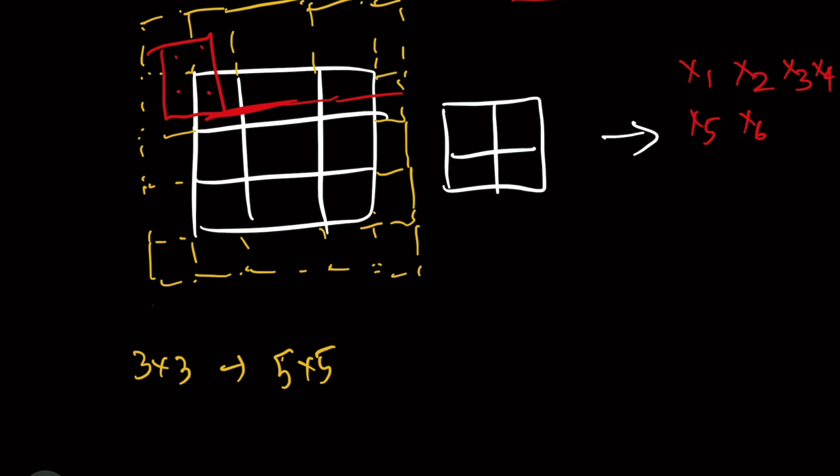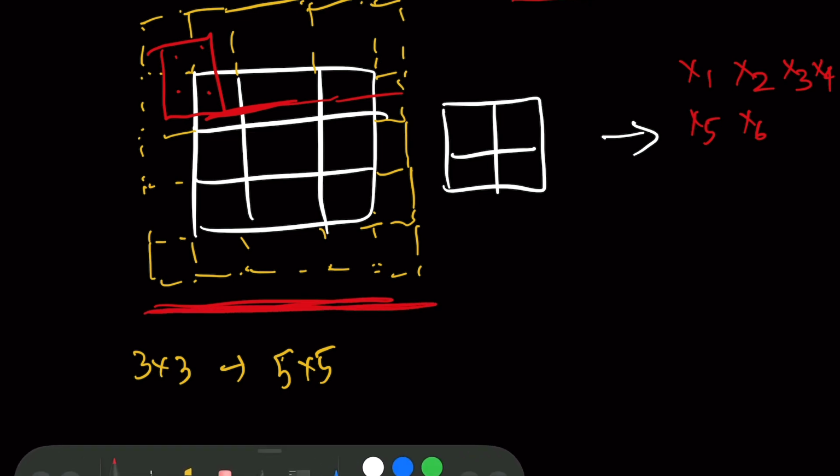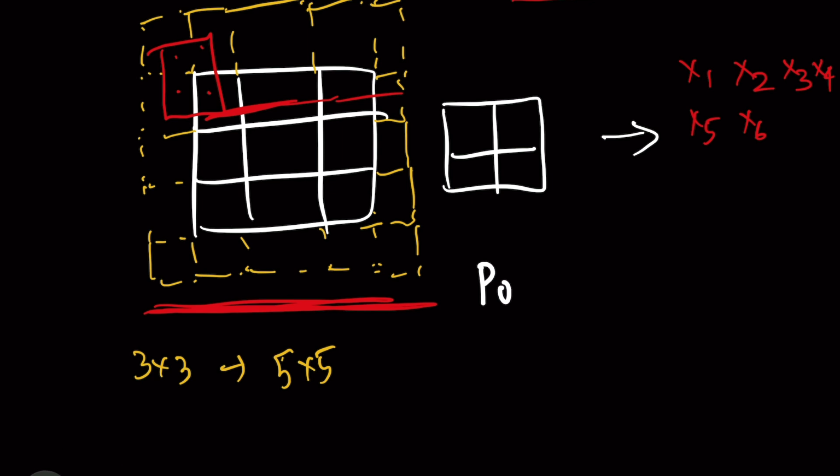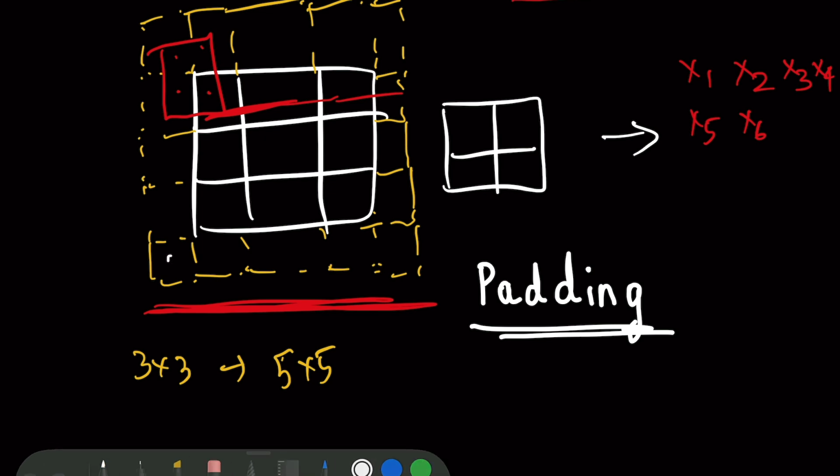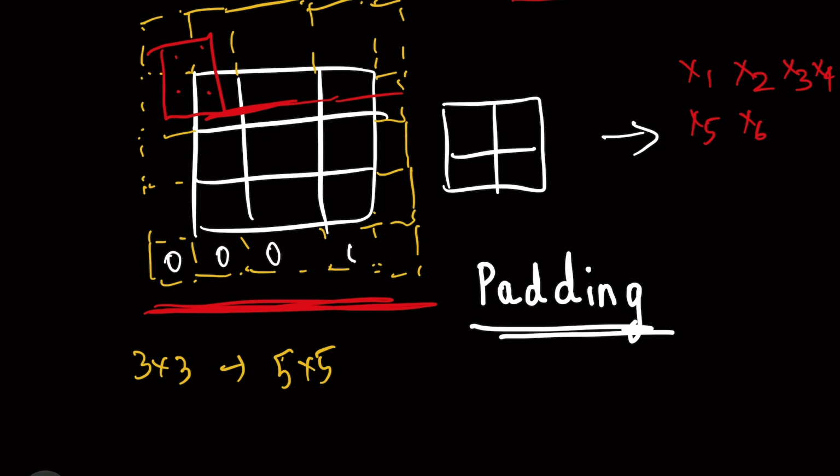So what are these external cells or pixel values that I've added? That is called padding. So you can add external padding with empty values, and when I say empty values, it's usually 0. So you're adding 0 valued pixels here, which is basically black pixels.